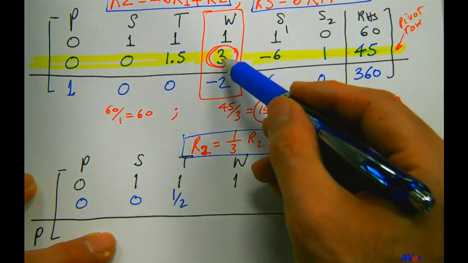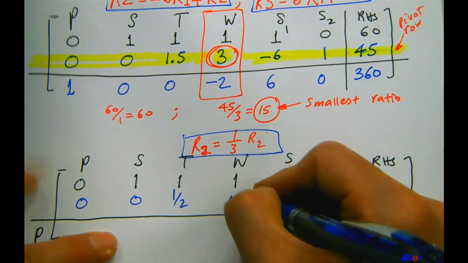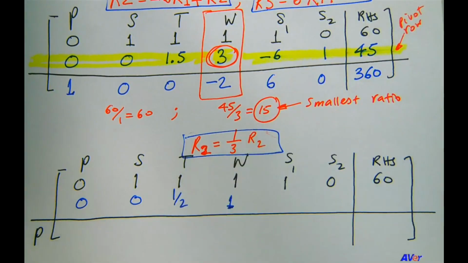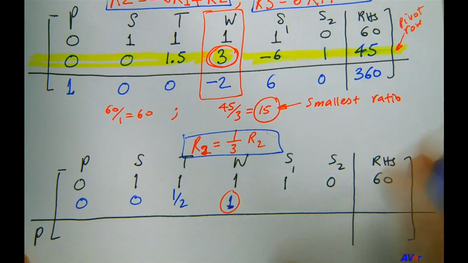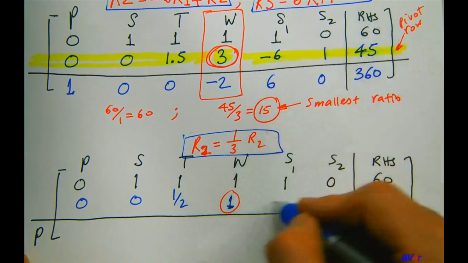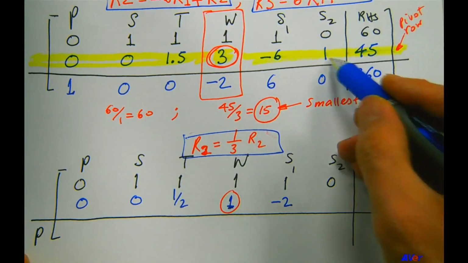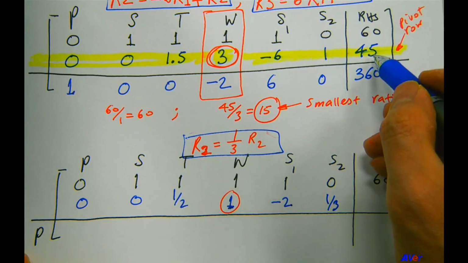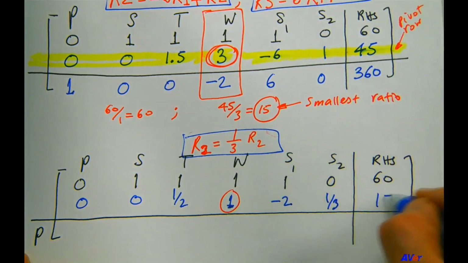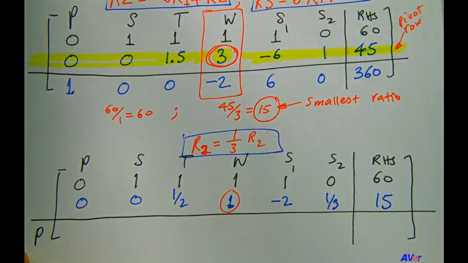Then 1/3 times 3 is 1, which is what we intended. That's the pivot element for us. 1/3 times -6 is -2. 1/3 times 1 is 1/3. 1/3 times 45, it's 15, right? 45 divided by 3 is 15.